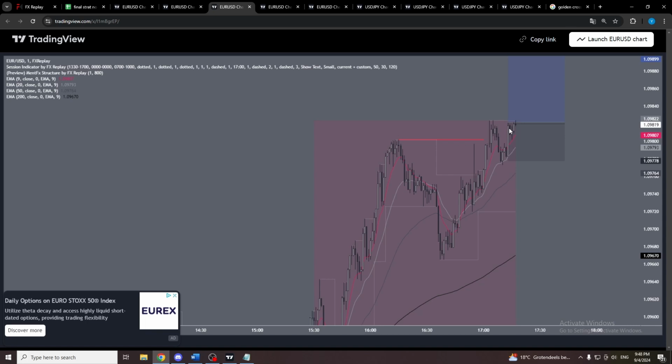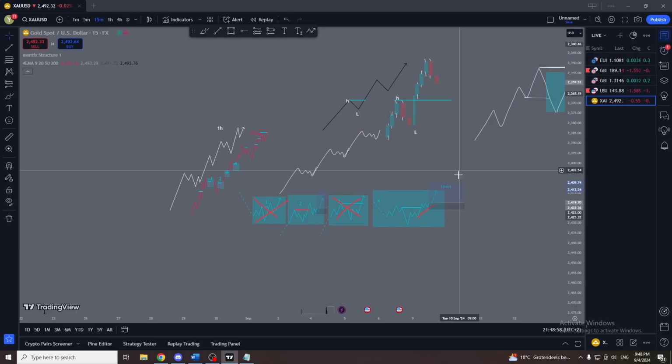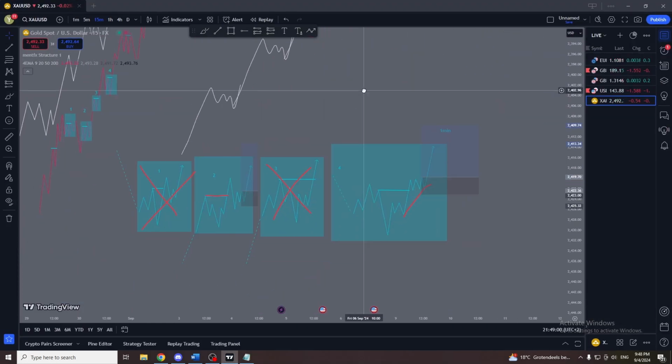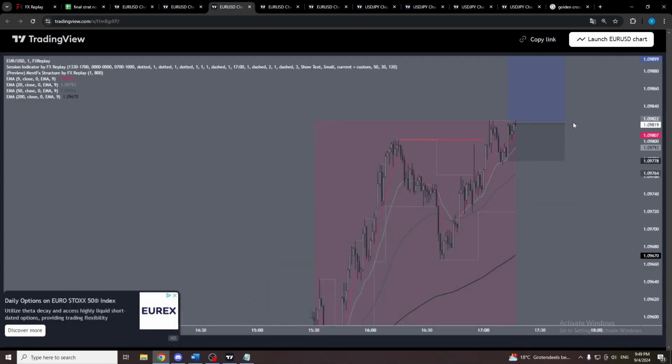My buy stop preferably would be here above this high, because, as I said, that comes with testing. Preferably it would be this high, but I can't because it didn't close yet.